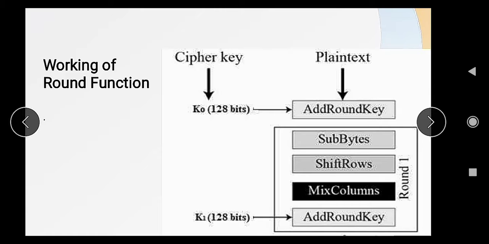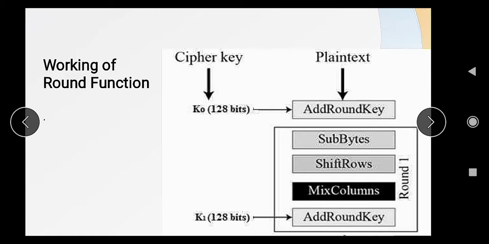Okay, before the first round, the plain text is XORed with the cipher key, that is K0, in add round key. The output of add round key is applied to the sub byte as input.